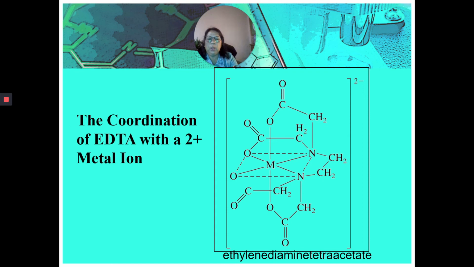This is your ethylene diamine tetraacetate. Never mind if what you are thinking is, am I going to memorize the formula now? No. Just simply try to appreciate.